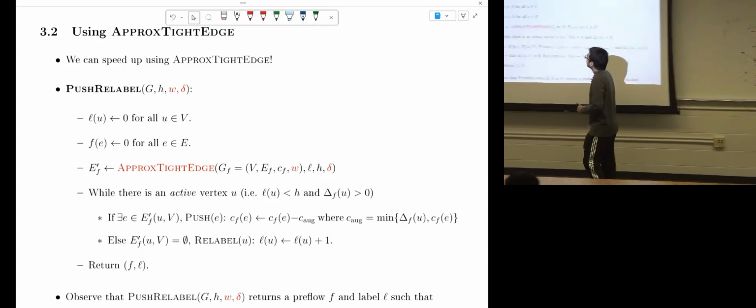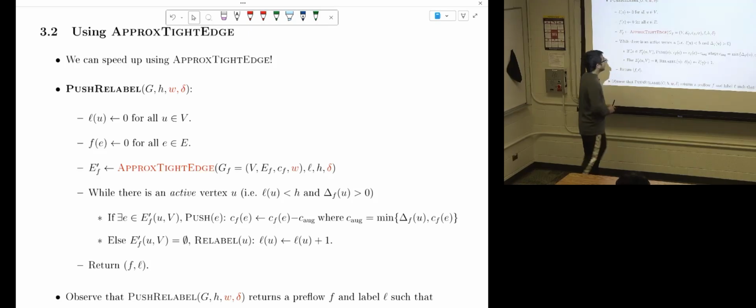Right. So what's push label? We maintain approx like TightEdge. You can use Approx 1 or without Approx 1, but the key idea is that you have TightEdge. You maintain this, right? And the key idea is just to try to push flow along TightEdge.